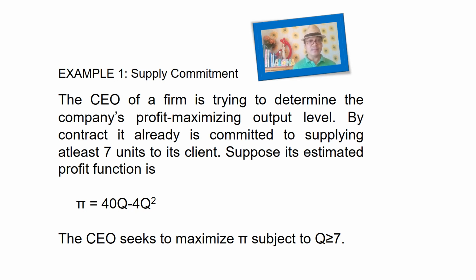Suppose its estimated profit function is pi equals 40q minus 4q squared. The CEO seeks to maximize profit subject to q greater than or equal to 7 units.